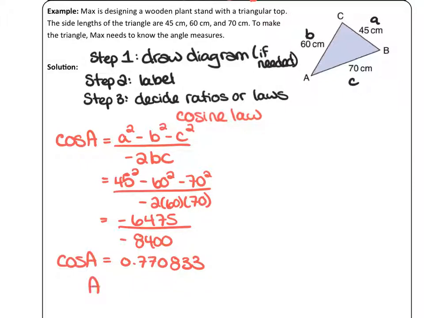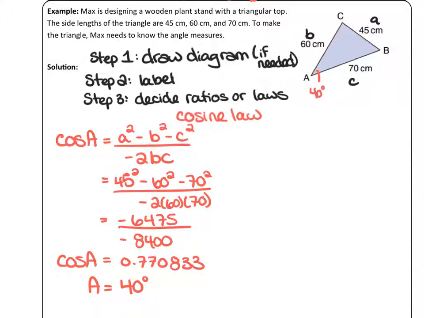So let's find out what A actually is by taking the inverse cos, and I get 39.57, so I'm going to round it up to 40 degrees. Okay, so he needs to know all the angle measures, so we now know that A is 40. So I'm going to put that on here.